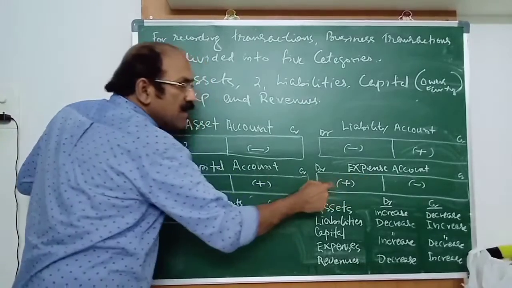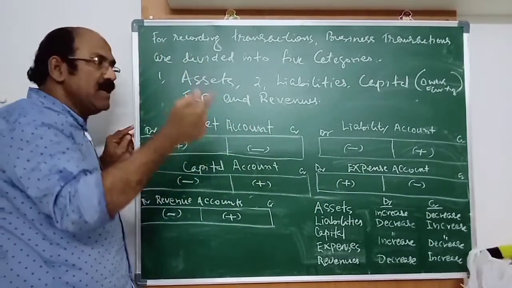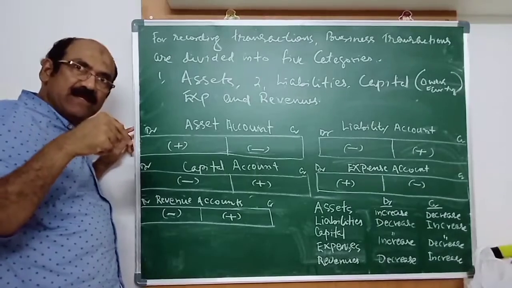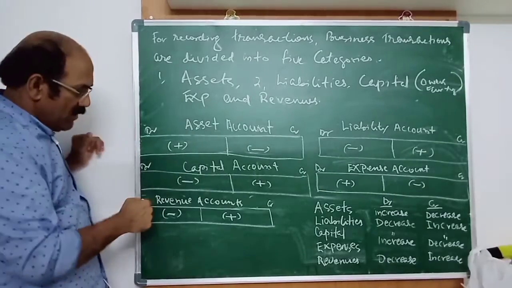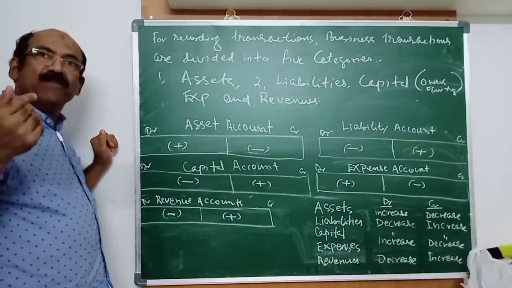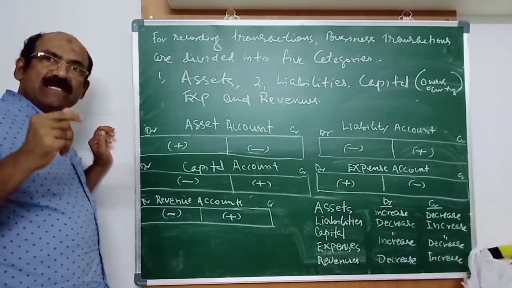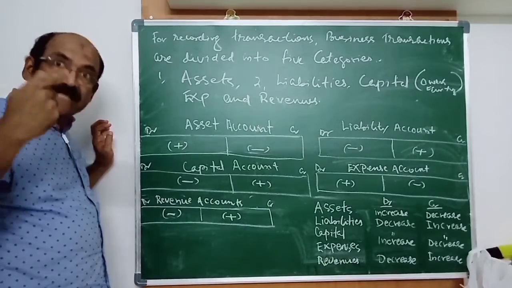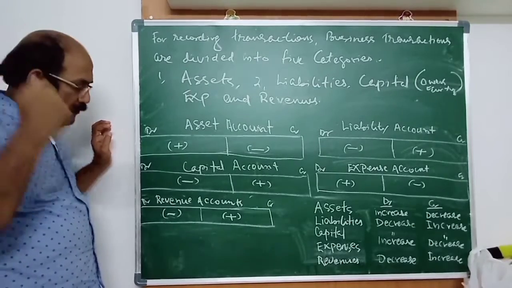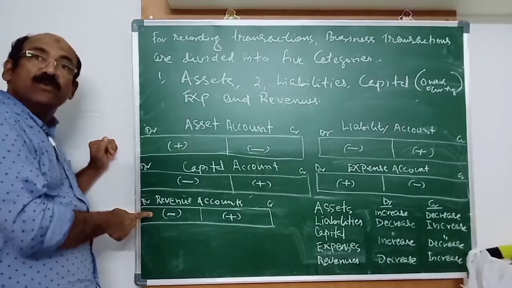Expenses: when you debit expenses, they increase, and when you credit expenses, they decrease. Now revenue, like income receivable, commission received, discount received, and income out of sales, the main revenue of a business. Revenue increases when you credit and decreases when you debit.